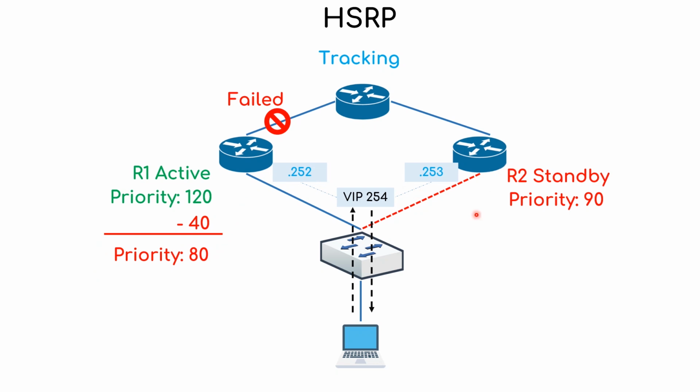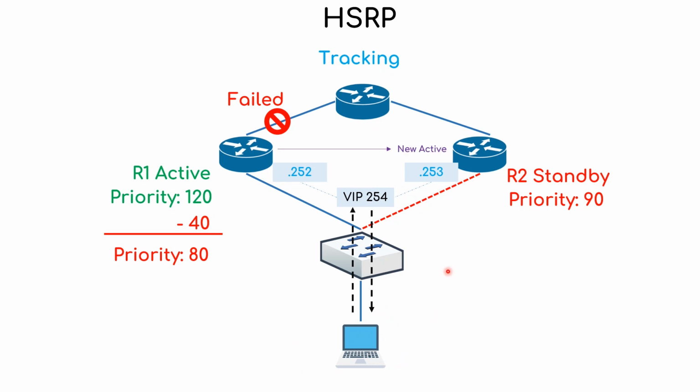Router 2 receives this change in the hello message. It has a higher priority than router 1, so it becomes the active router and handles traffic for this network. The user has the virtual IP 254 as gateway, and router 2 will handle this gateway and MAC address, so the user doesn't need to change anything.